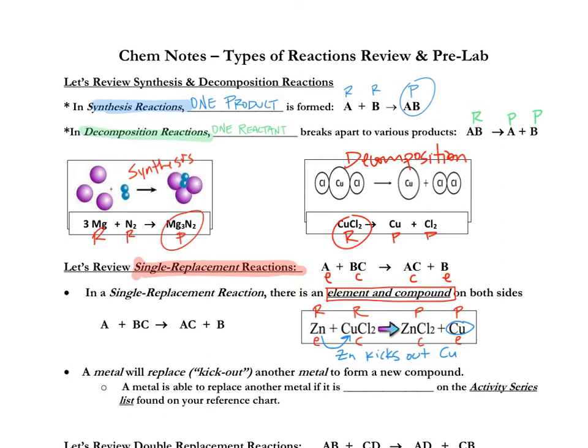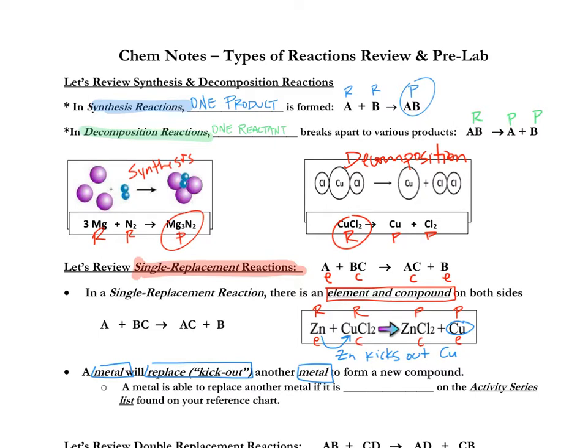All right. A metal, if you haven't already noticed, in our single replacement reactions, a metal will not always, but a metal will replace or kick out another metal to form a new compound.